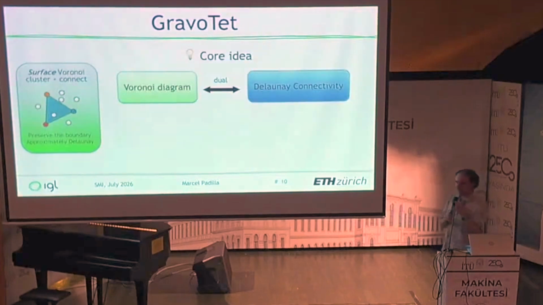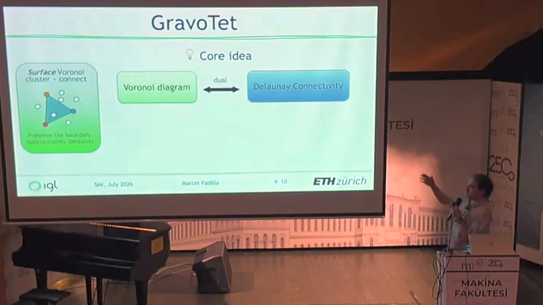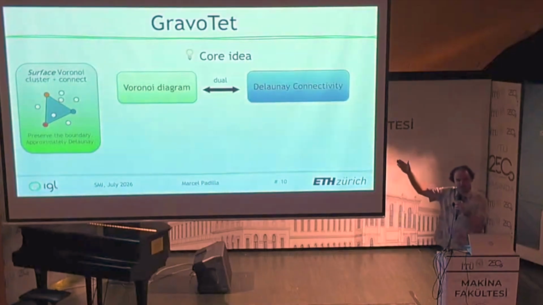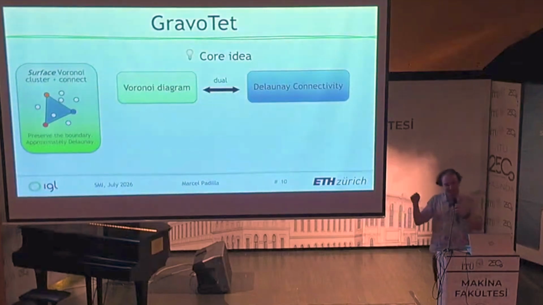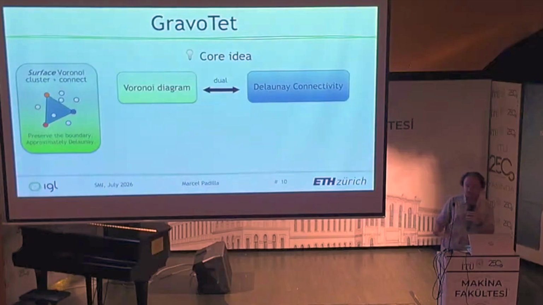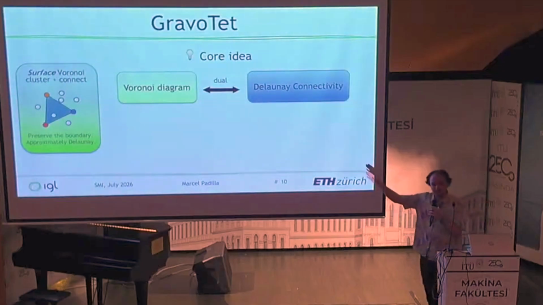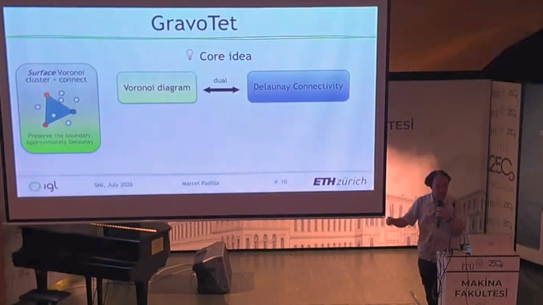And now to the core idea. We have heard this now plenty of times. Voronoi diagrams dual create Delaunay connectivity. Delaunay connectivity is our favorite type of connectivity. It makes very nice meshes. But getting an actual Voronoi diagram Euclideanly takes some more effort.